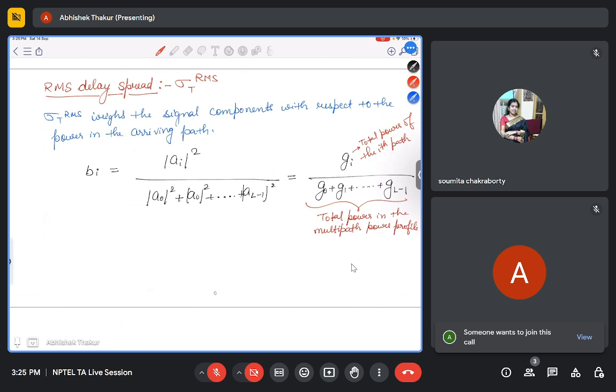So basically Bi is the ratio of the power of the ith path divided by the total power of the multipath.